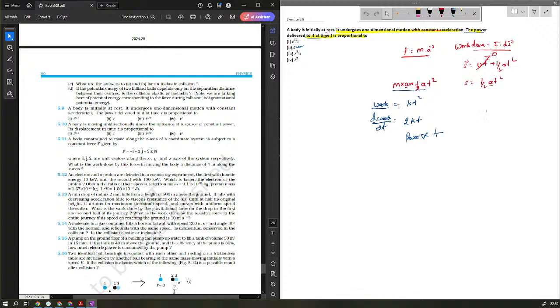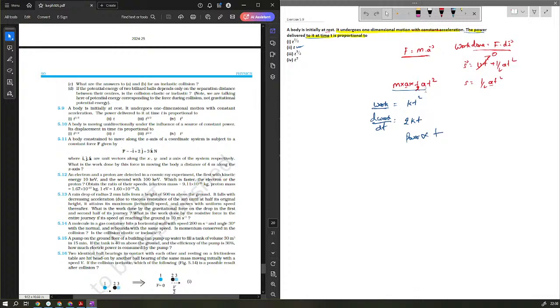Force is equal to mass into acceleration, and work done is equal to force times distance, and distance here can be represented as ut plus half at square, and since the body was initially at rest, s can be given as half at square. Now the expression for work done would be equal to ma times half at square.